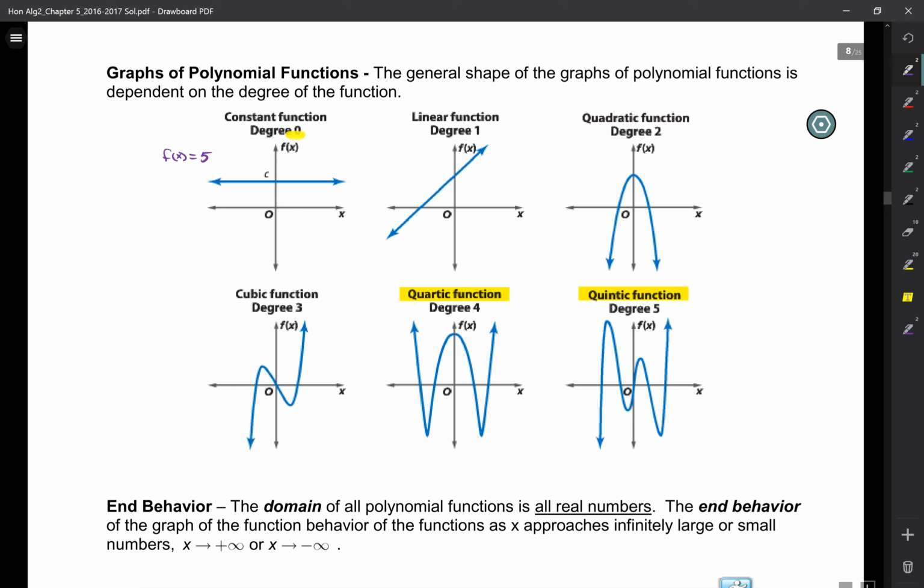Linear function, where there is a degree of 1, this is like any of your mx plus b equations, right? You get a diagonal line. Now, quadratic function, that's something that you guys are experts on after chapter 4. You get your parabolas, and it either faces up or down.